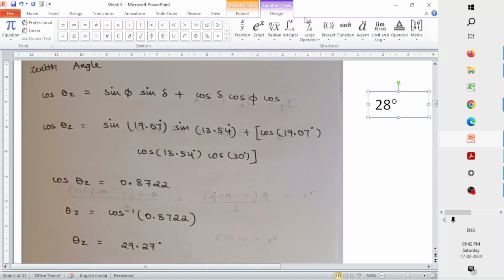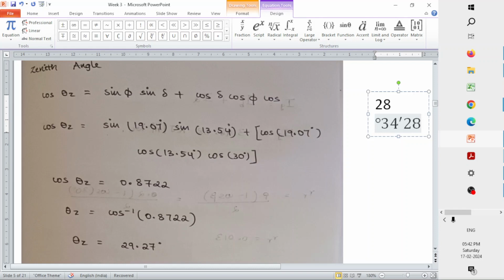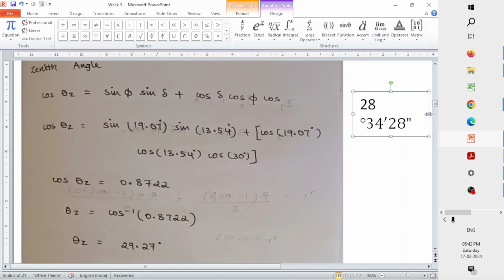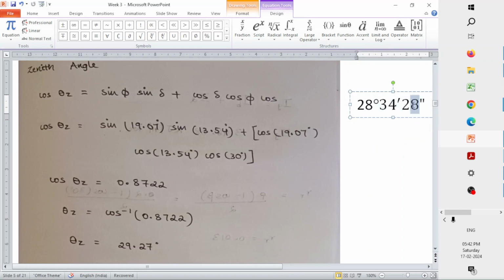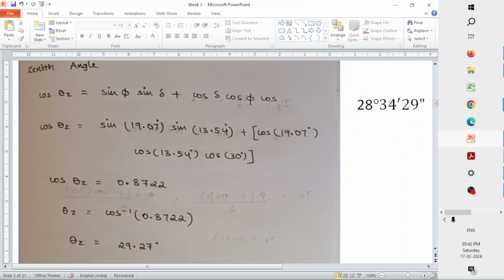It will be given like this, say 28 degrees, 34 minutes, 29 seconds. Here your 28 represents the degrees, 34 represents the minutes, and 29 represents your seconds. This is usually the way the latitude of a location will be represented.